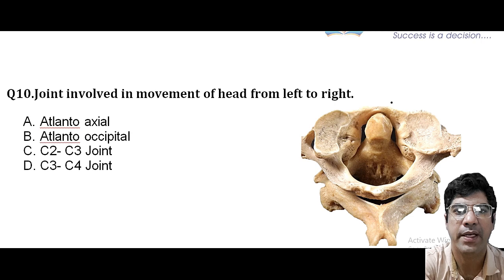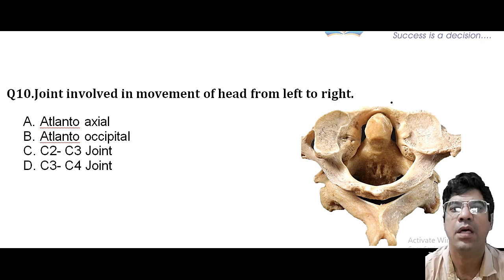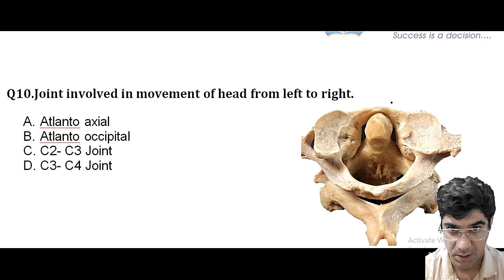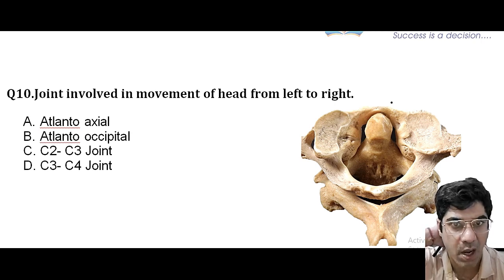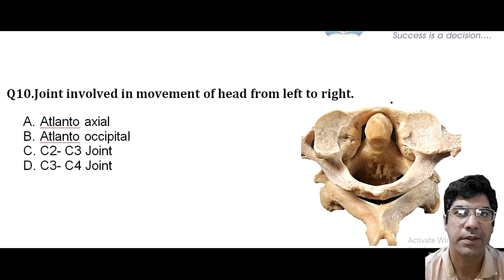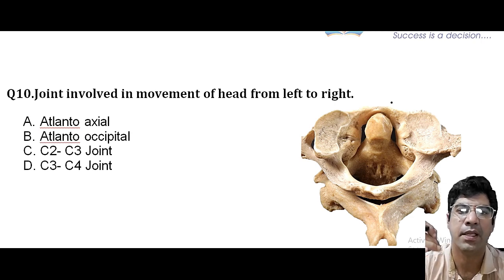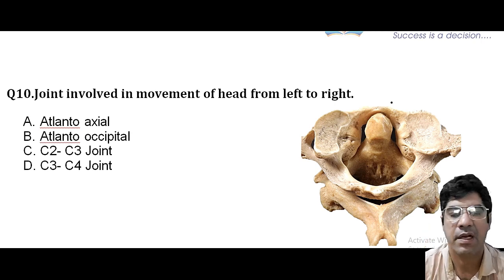Well, the yes movement that involves the nodding of head up and down, this movement is primarily controlled by which joint? Atlanto-occipital joint. That is located between the base of skull, that is the occipital bone, and the first cervical vertebra. Which one is the first cervical vertebra? It's the atlas or C1.